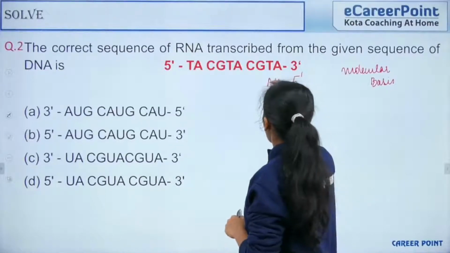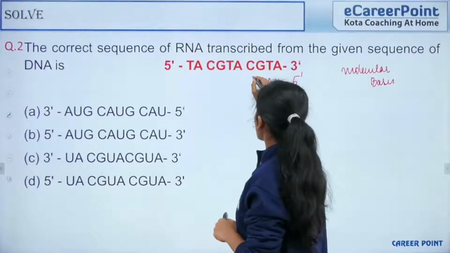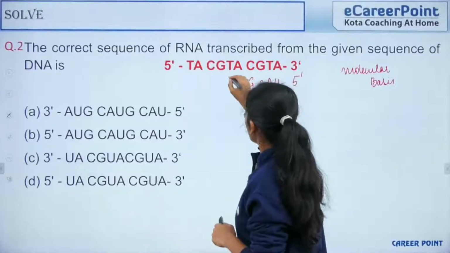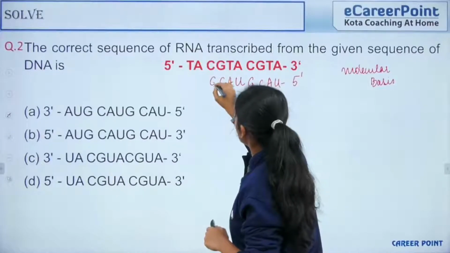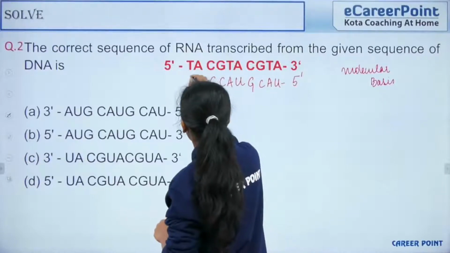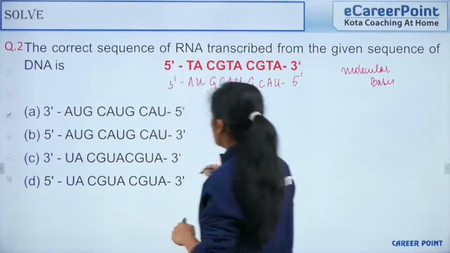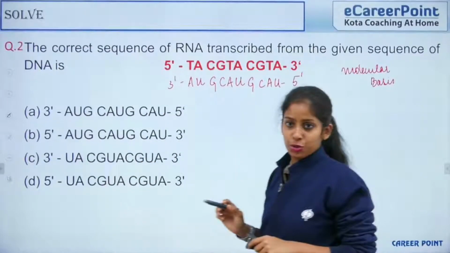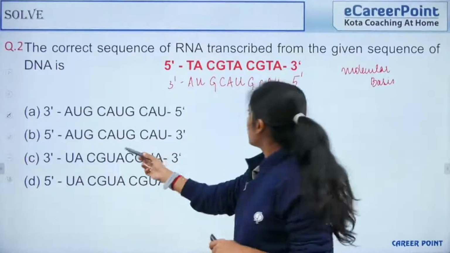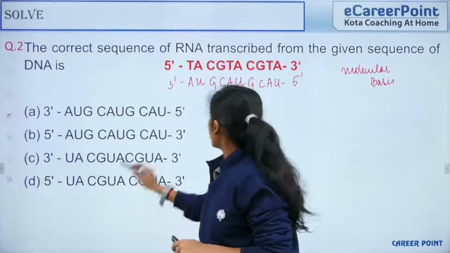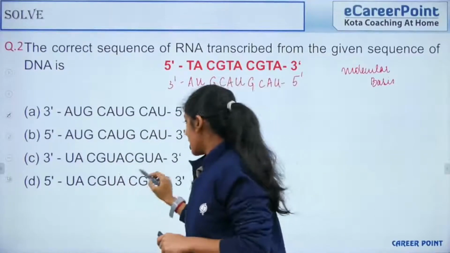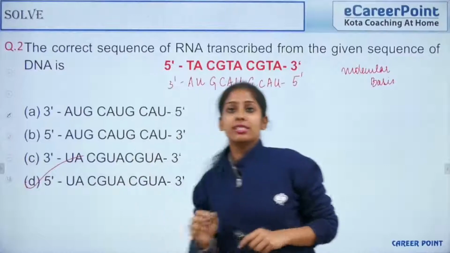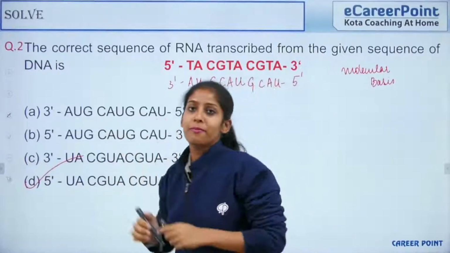T will be A, G will be C, C will be G, this will be U, A, C, G, again U, again A, and 3'. So if you see, the right option is this. This is the direction of transcription. So it is 5', UA, CG, again UA, CGUA. So the right answer is from the 5' to the 3' direction.